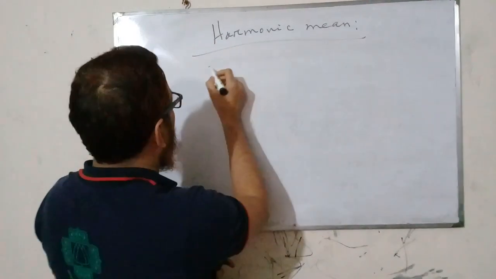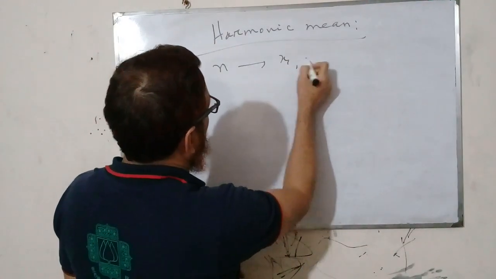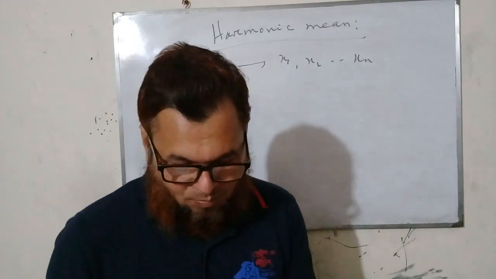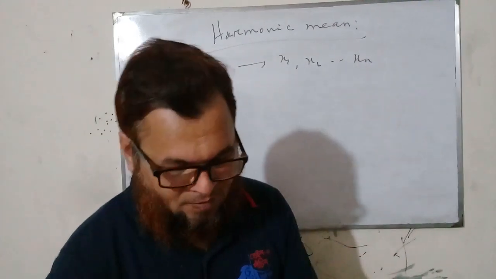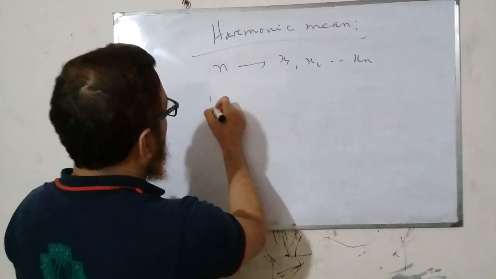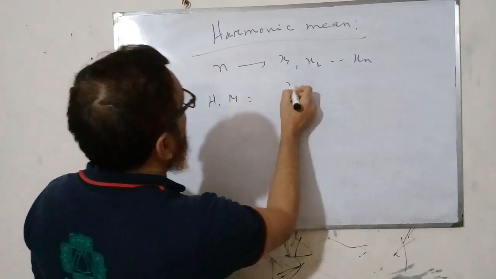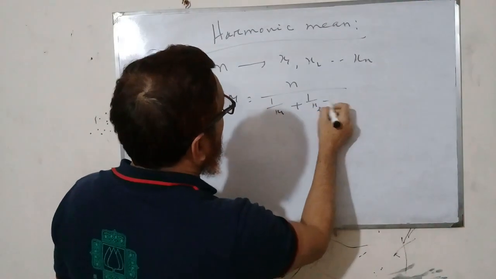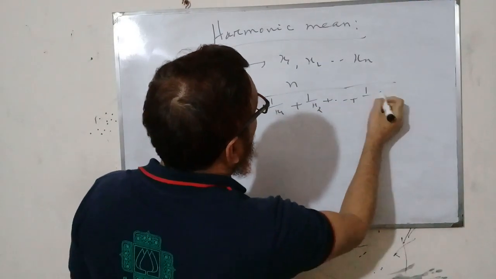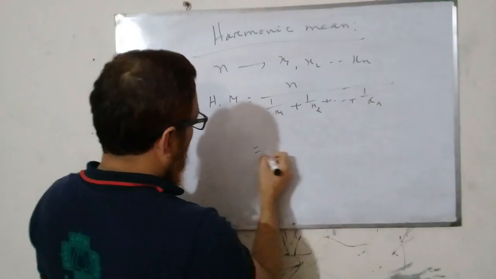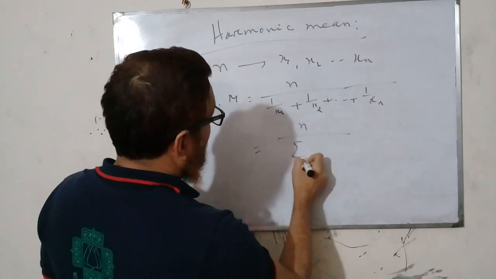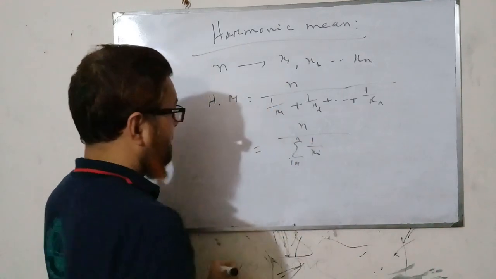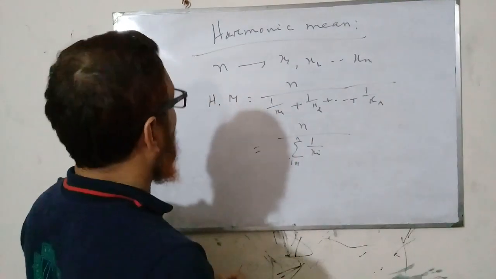If we consider n values, that is x1, x2, up to xn, then the harmonic mean HM equals n divided by (1/x1 + 1/x2 + up to 1/xn), that is n divided by the summation of 1 by xi, i equal to 1 to n.